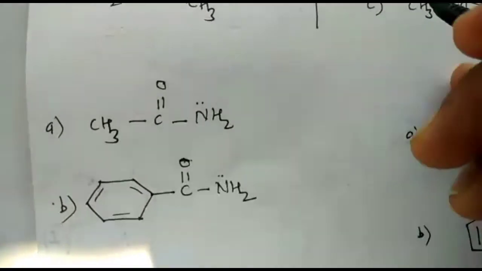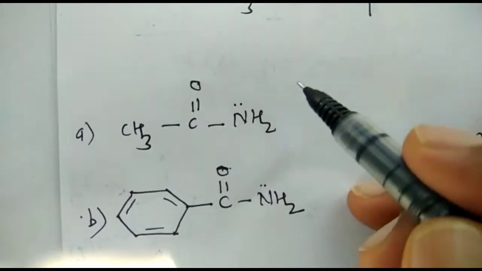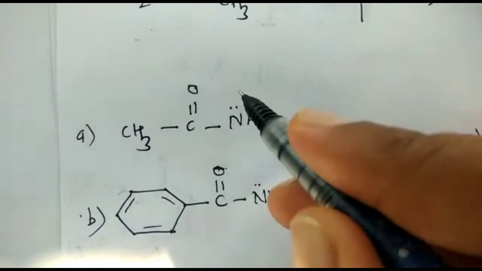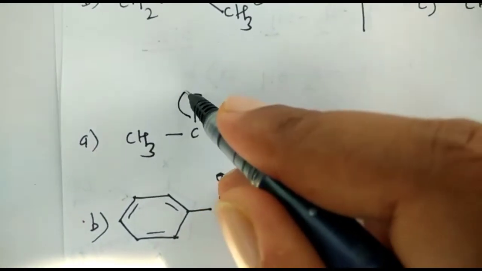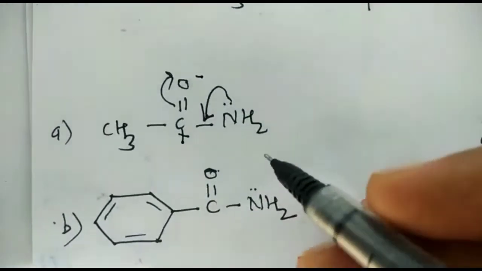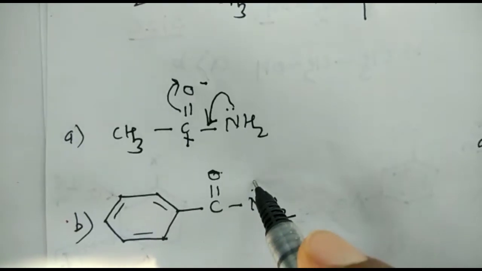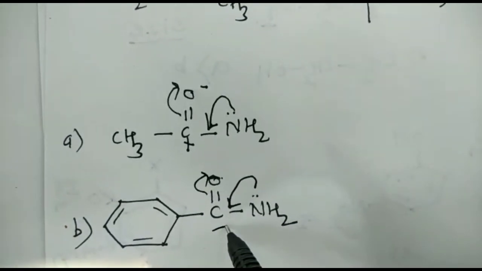Last example: among A and B, which one is more basic in nature? As you know, one group will donate electrons and the other will take the electrons, so a positive charge is generated here and a negative charge here. Again, the lone pair electrons come here and the bond pair goes there, forming a positive charge.